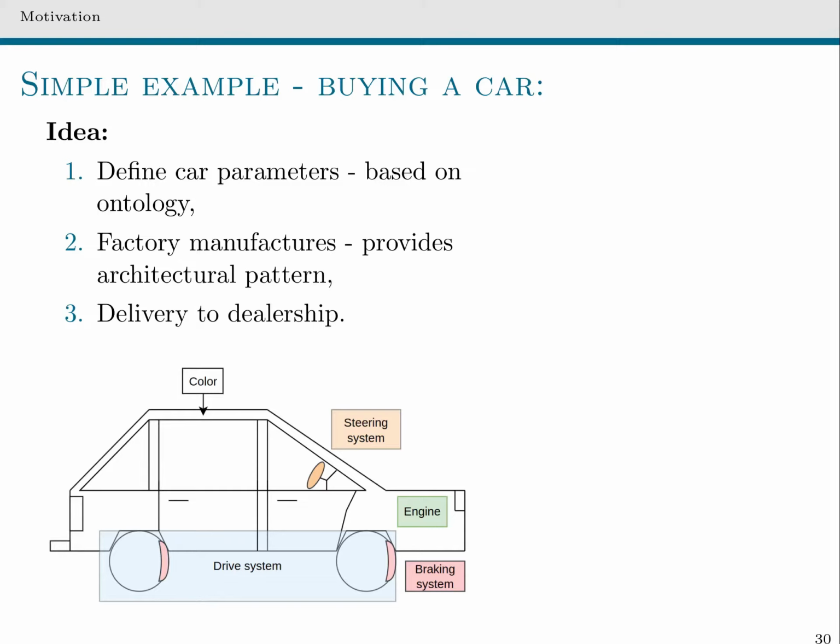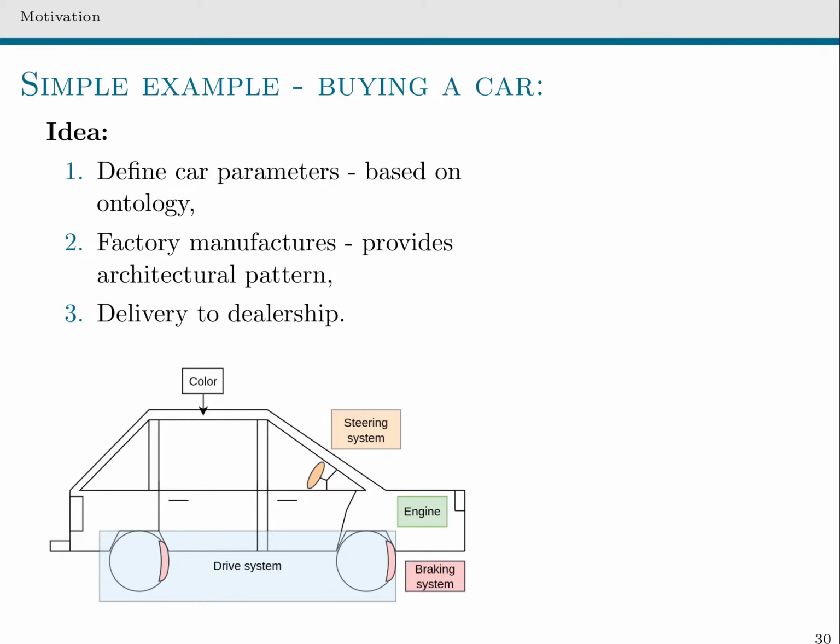Whenever we want to buy a car, we have to go to the car dealership, and we are asked what color of the car we want to buy and what other parameters our car should have, like engine, model, and drive system.